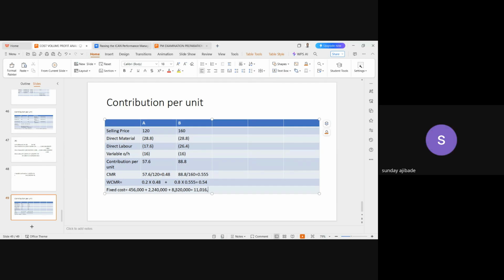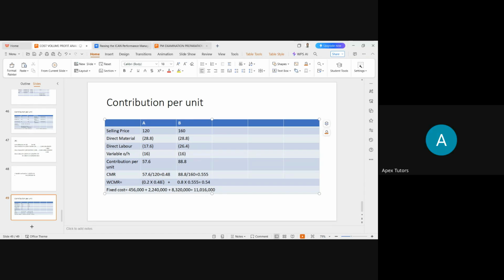There's an observation: the weighted contribution margin ratio. You said 0.2 times 0.48 plus 0.8 times 0.555. If we add the two together, we are not going to arrive at that. It seems we didn't get it right, sir.